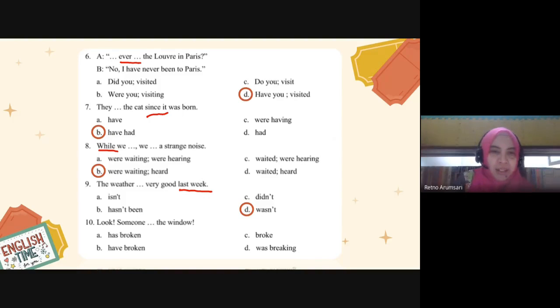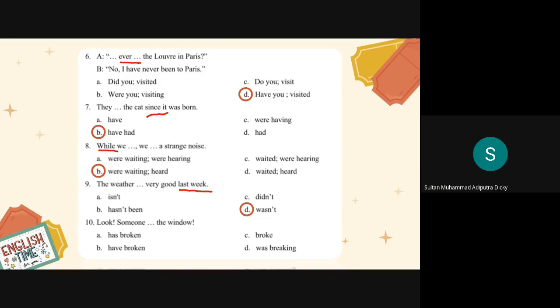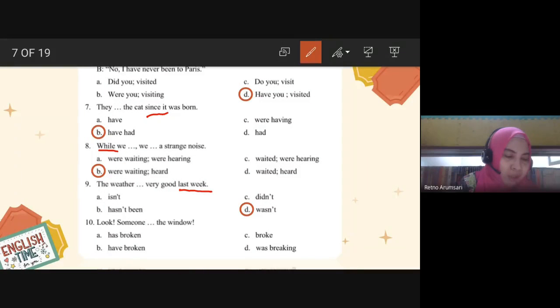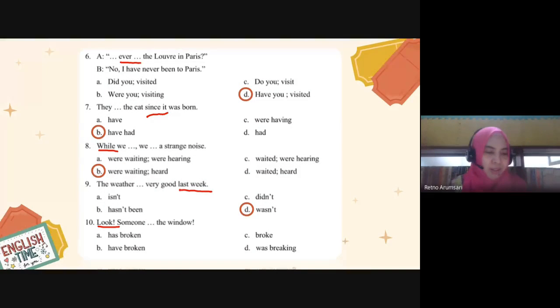What is the clue, Nara? The clue is look. Someone has broken the window. That's the clue. Look. When you saw the window this morning, it wasn't broken.